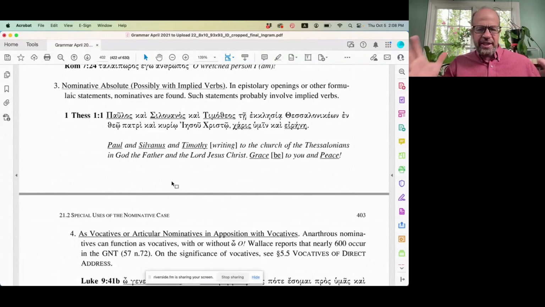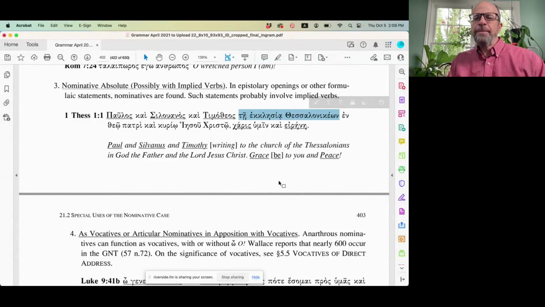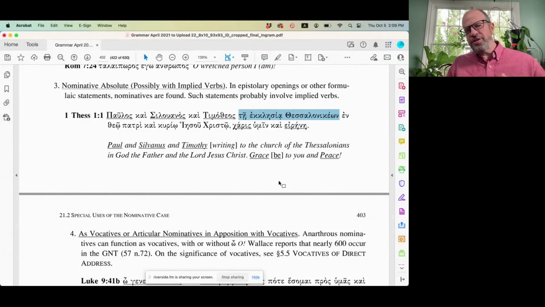They're just kind of sitting there. And then you have the letter recipients provided in the dative case, to the church of the Thessalonians. So this happens a lot. Perhaps we're to imply writing or something like that. But these nominatives are kind of hanging there, absolutely. Maybe we can call them epistolary nominatives or something like that, because it's kind of a customary way to begin a letter.